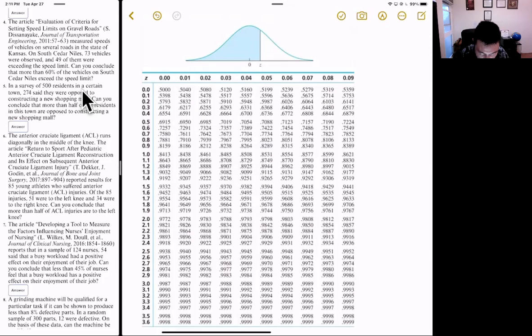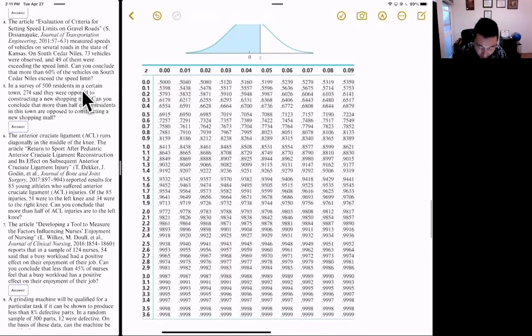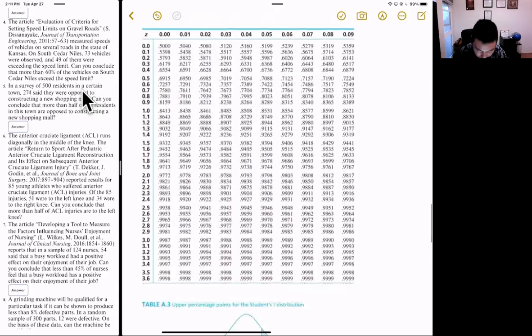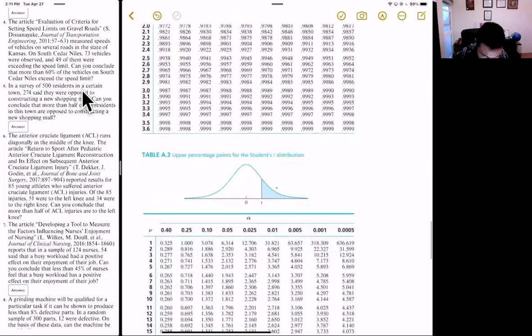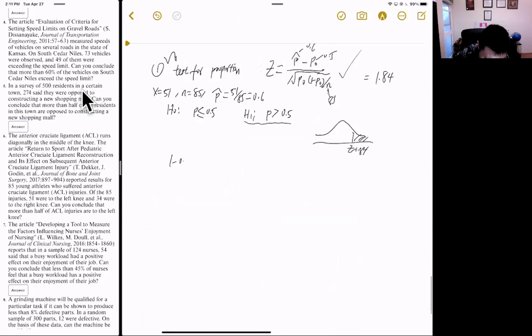Okay, 0.9671, that's on the left-hand tail. So that should be 1 minus 0.9671, which is equal to 0.0329. So that's the p-value.